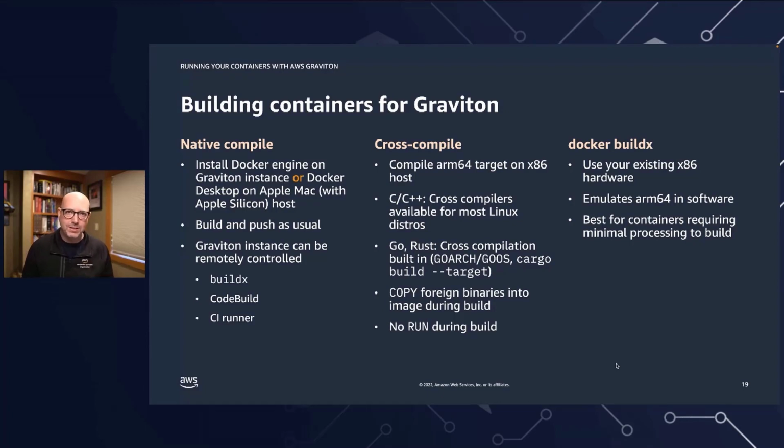So if you install GCC or other build development tools as part of your build process, using, for example, a multi-stage build, you can actually successfully do this with Docker BuildX. However, CPU emulation in software is not nearly as fast as doing it natively, or even as fast as cross-compiling. And so it's best for containers requiring a minimal amount of compilation in order to build the image.